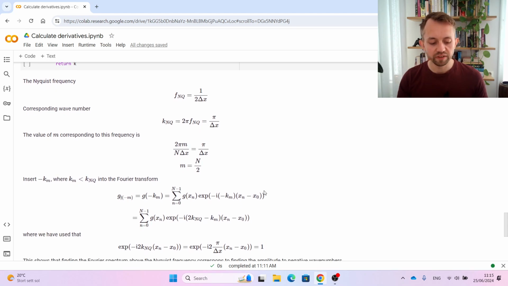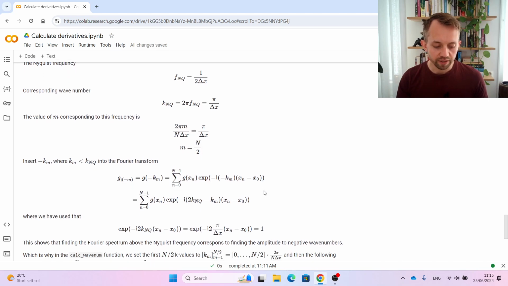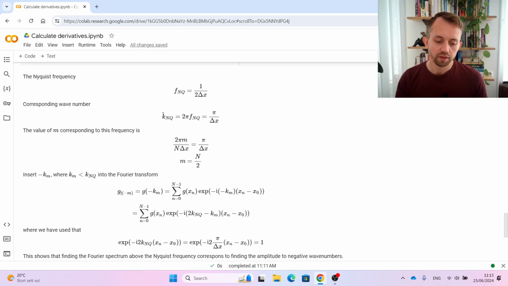And the way to see that is that if I insert the definition of the Nyquist wave number into this pure exponential function, imagine that I expanded this exponential in 2 factors.